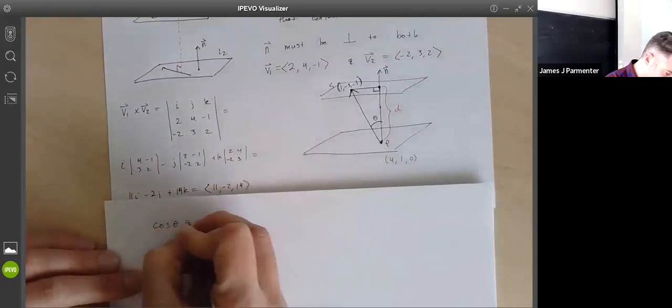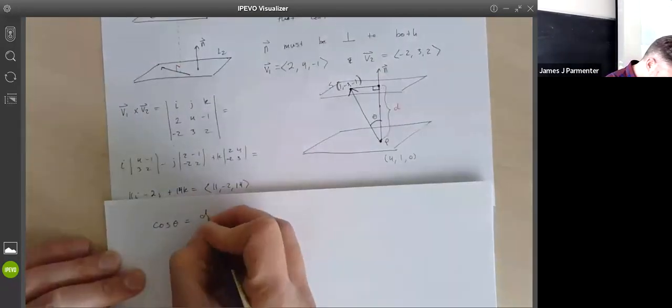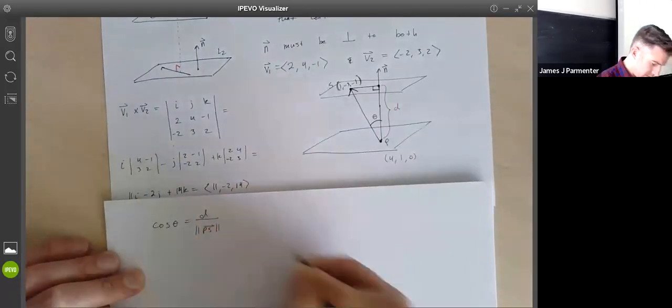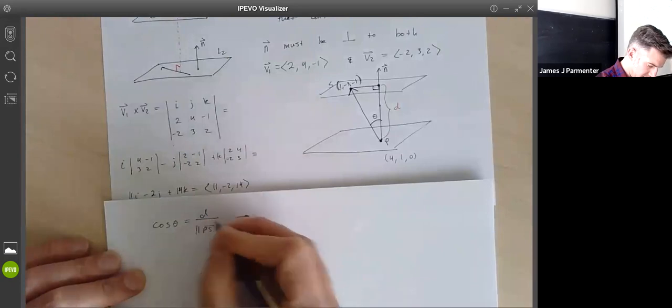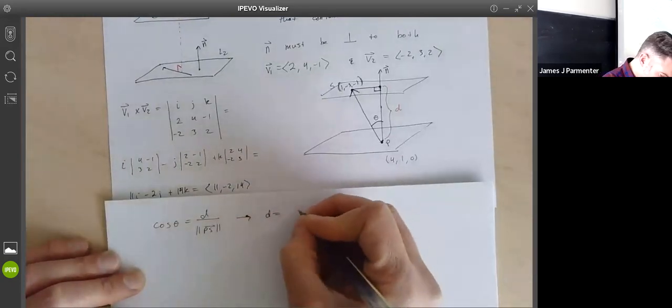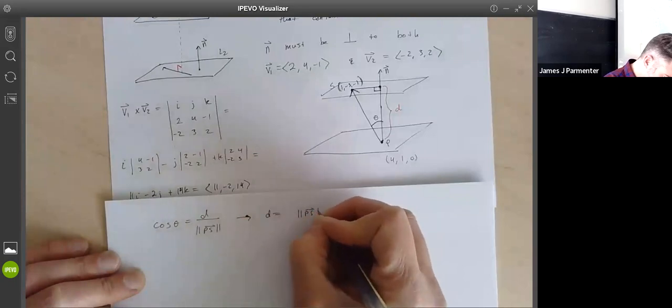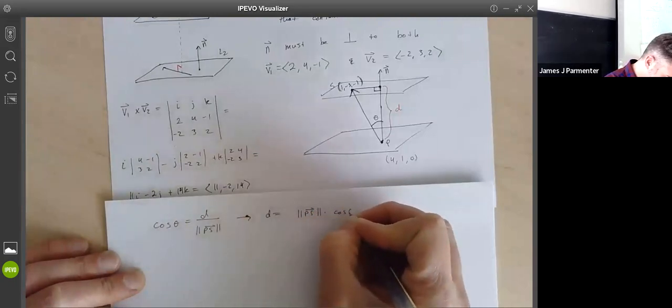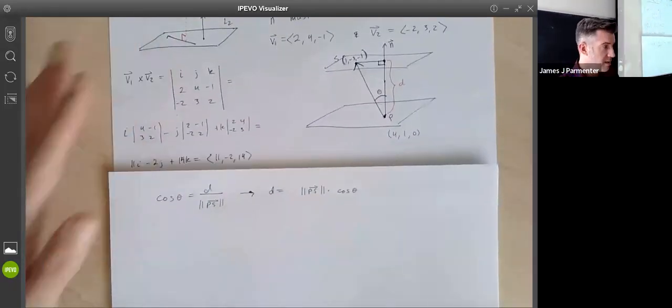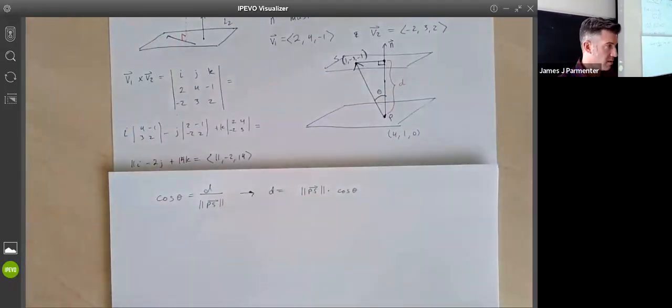Cosine of theta is going to equal adjacent over hypotenuse, which is the magnitude of PS. So if I'm trying to find this distance here, that distance is going to equal the magnitude of PS times cosine of theta. And then of course, I need the magnitude of the other vector because I want to make one of my formulas show up.